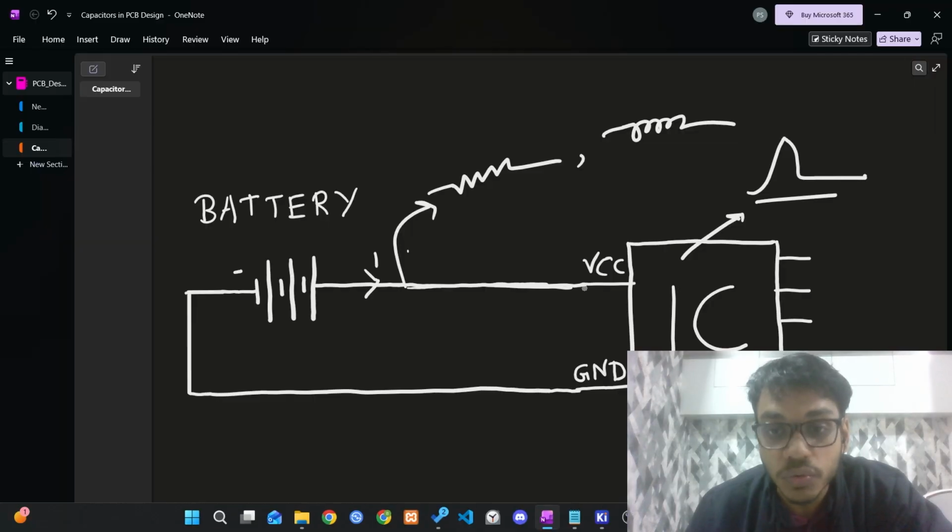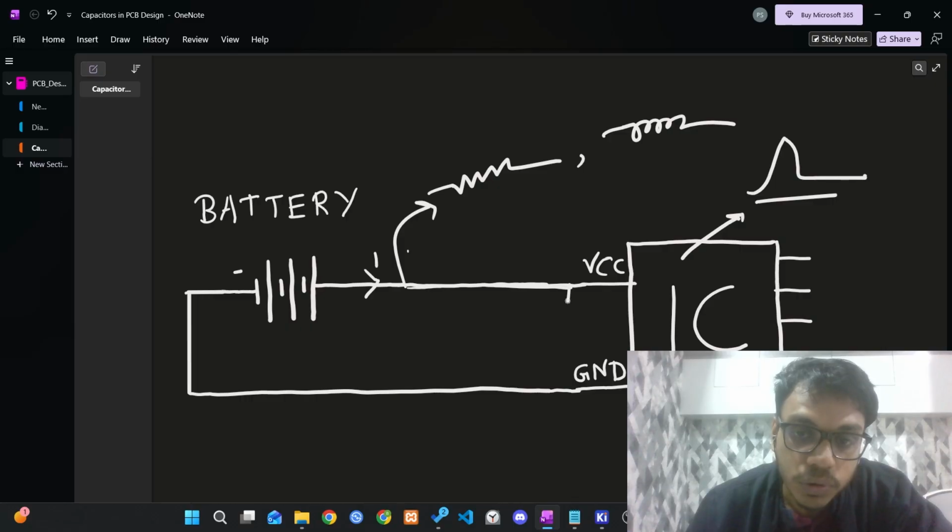So what we'll do is, right next to the power pin of the IC, we'll put some sort of a capacitor. So when this IC needs a lot of current in an instant, this capacitor will provide it locally instead of the IC being dependent on the battery for its current.